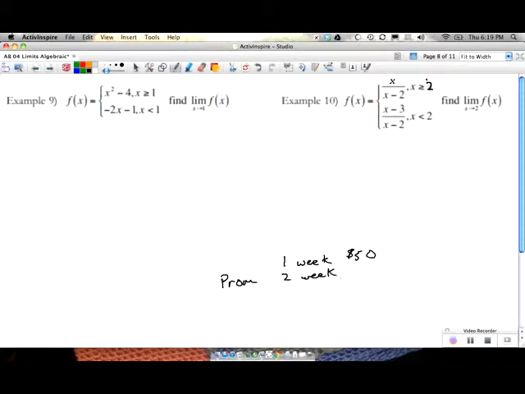Then the second week prom ticket is like 75, and it just keeps going up. And then 3 weeks later, we're at 80 kind of thing. So it's this piecewise function. It's split up into different pieces based on the various time intervals.